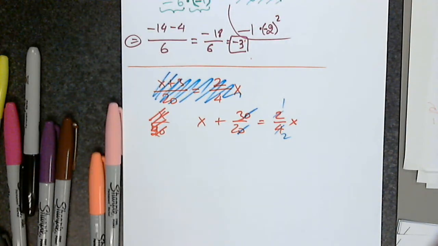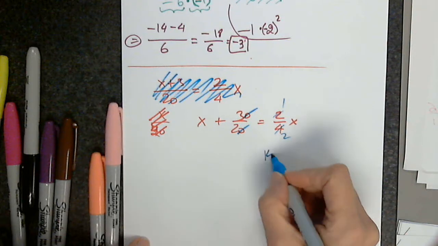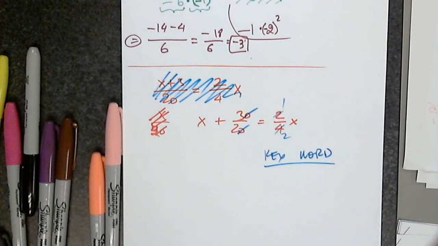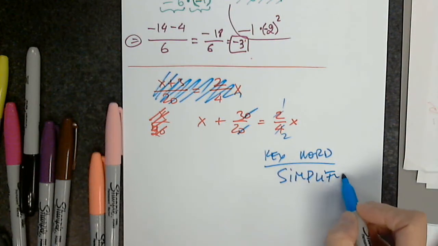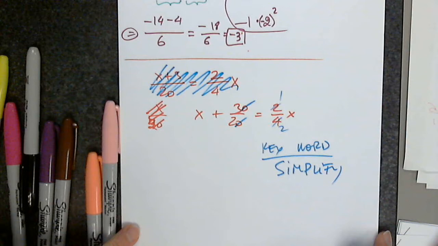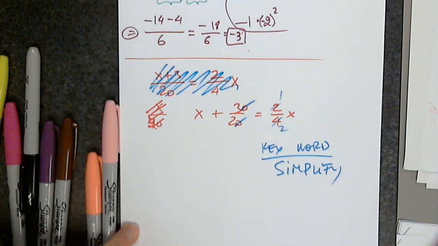Okay? There are several keywords in algebra. One keyword that you should always have in the back of your mind is simplify. Always try to simplify everything you work on as much as possible. The smaller the numbers, the easier it is. The second keyword that I cannot really add today, but it's part of the course, and it will follow you.